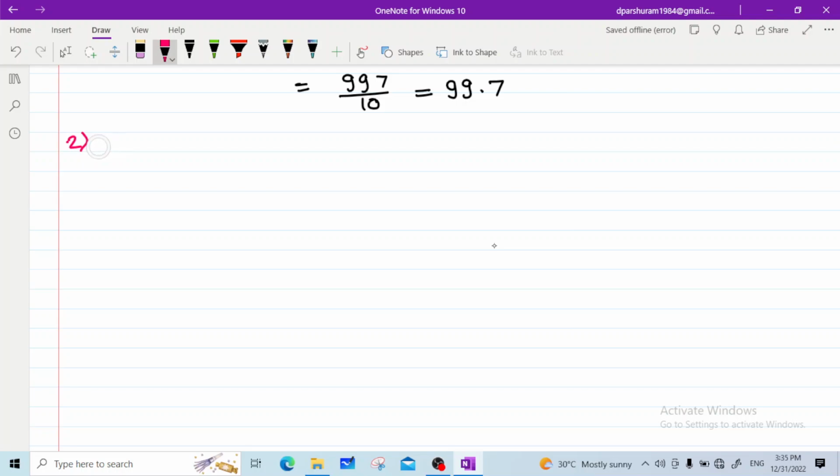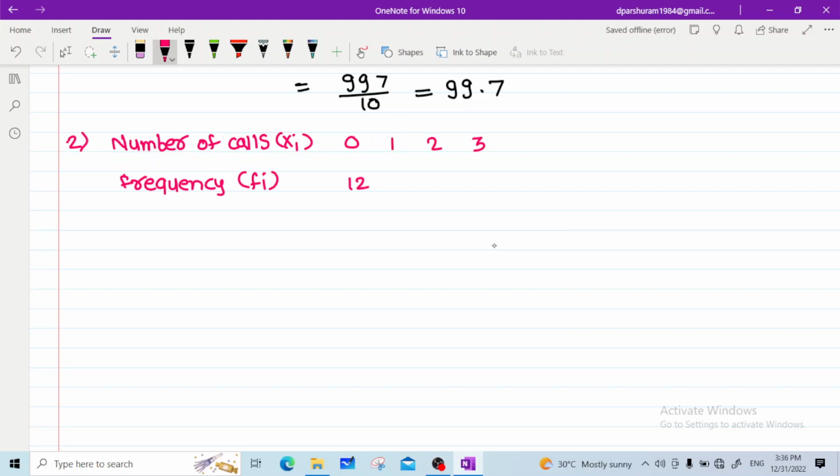In this example, the number of calls xi is given with their respective frequencies fi. The number of calls are 0, 1, 2, 3, 4, 5, 6 and 7, with respective frequencies 12, 18, 21, 42, 45, 38, 35 and 40.